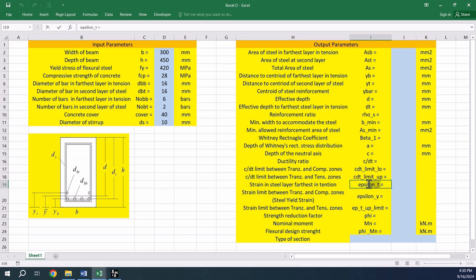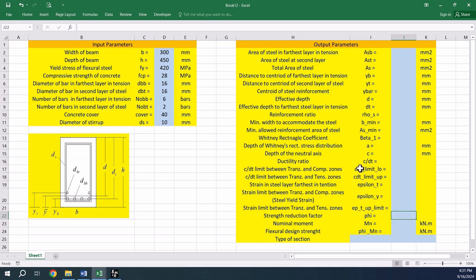This is epsilon t. Epsilon y is the yield strain, which is actually the lower limit for epsilon t values according to the ACI code. This here is the upper limit for epsilon t.